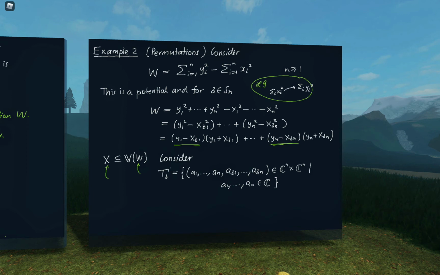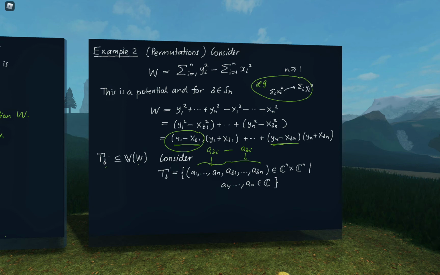You'll agree that that is a subset, right? Because if I take such a tuple and evaluate yi minus x sigma i on it, yi is the projection which picks out a sigma i, and x sigma i will pick out the sigma-ith a, which is a sigma i, and so that difference will be 0.